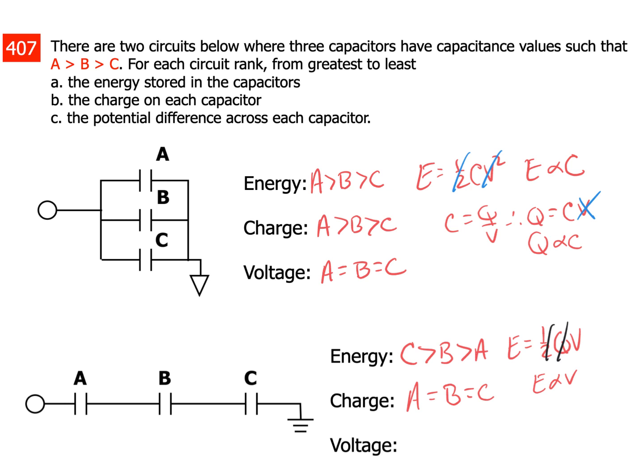That also leads me down to B with the voltage. Now, how I know that is because the voltage is defined by Q over C. Since Q remains the same for each one, I know that it's the inverse for the proportionality. Voltage is proportional to the inverse of C. And that's how I knew the smaller the capacitor, the larger the potential difference. So C is greater than B, which is greater than A.